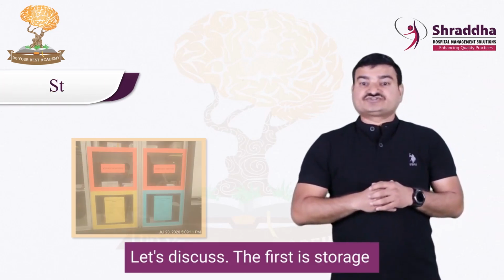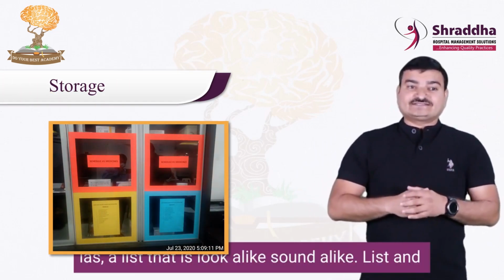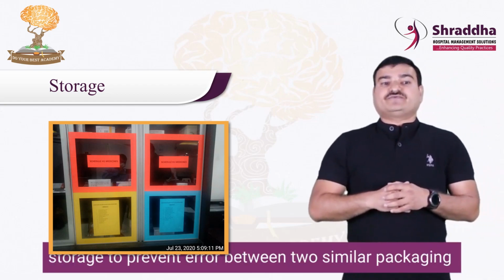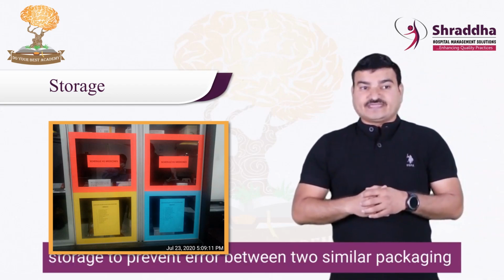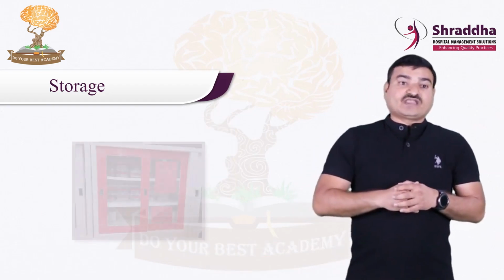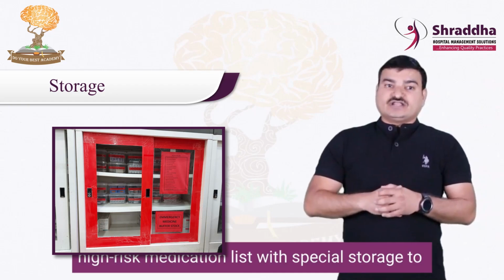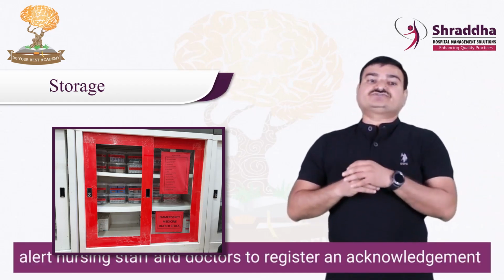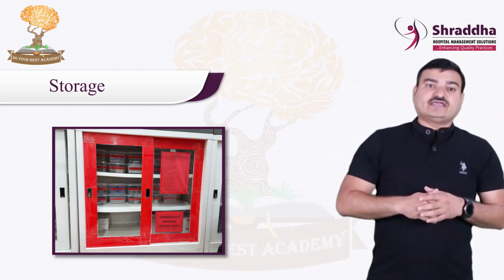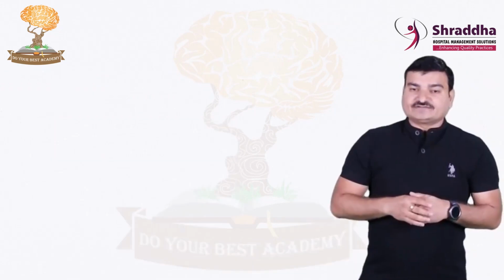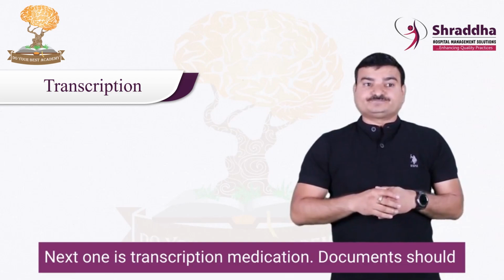The first is storage. LASA list, that is look-alike, sound-alike list, and storage to prevent error between two similar packaging and names. High-risk medication list with special storage to alert nursing staff and doctors, to register acknowledgement in mind about the severity of medication usage. Next one is transcription.